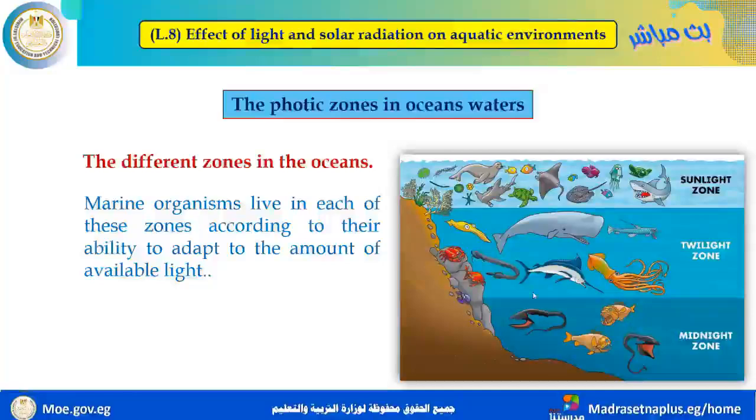So for each zone in the oceans, there is a kind of living organism that can adapt to the conditions of the brightness of the light, or the lack of light, or the darkness in the deep oceans.